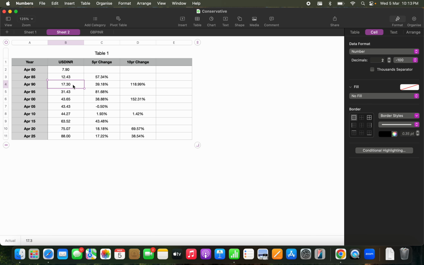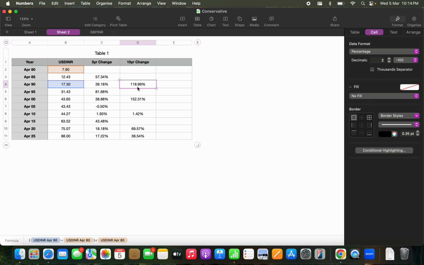April 90 it was 17.3, and in the decade April 80 to April 90 the rupee had devalued close to 120%. We know that if inflation is at 8% CAGR, then the value will reduce to half in 9 years.